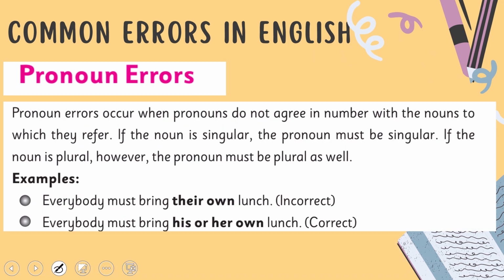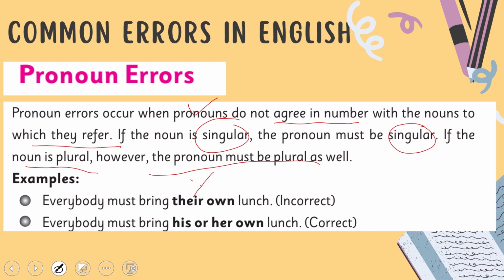Let us look at some pronoun errors. Pronoun errors occur when pronouns do not agree in number with the nouns to which they refer. If the noun is singular, the pronoun must be singular. If the noun is plural, however, the pronoun must be plural as well. Everybody must bring their own lunch.